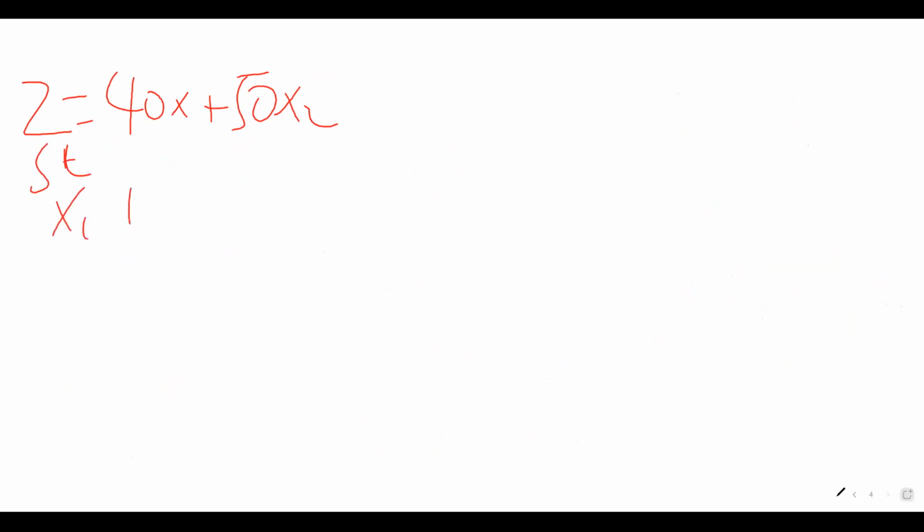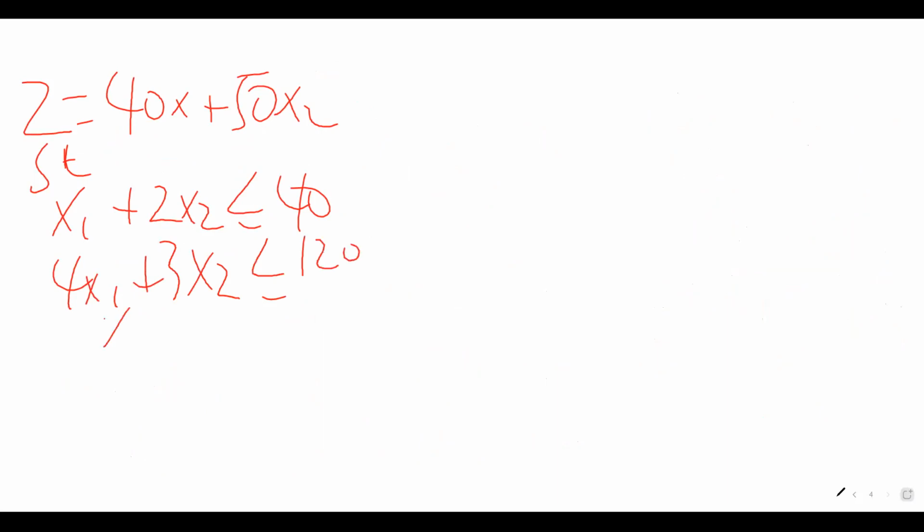Remember, your equation is z equal to 40x1 plus 50x2, subject to x1 plus 2x2 less or equal to 40, 4x1 plus 3x2 less or equal to 120, and x1, x2 non-negativity constraints.